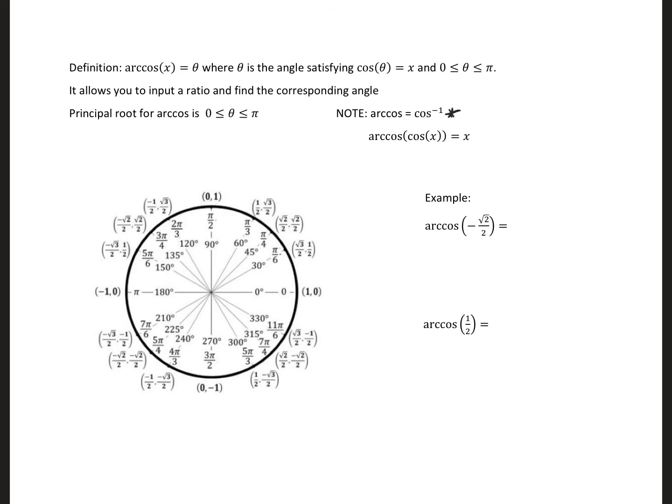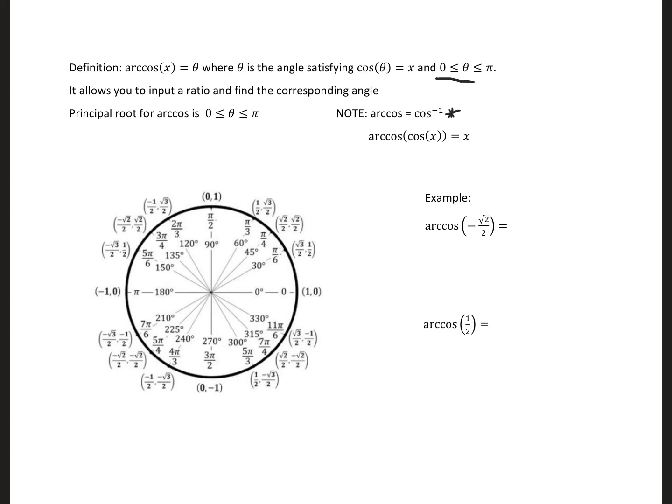What arc cosine of x does is it gives us the theta that corresponds to that x. It switches the inputs and outputs of the original cosine function. So in arc cosine, we're going to put in an x-coordinate or a ratio, and we're going to get out the angle that goes with it.